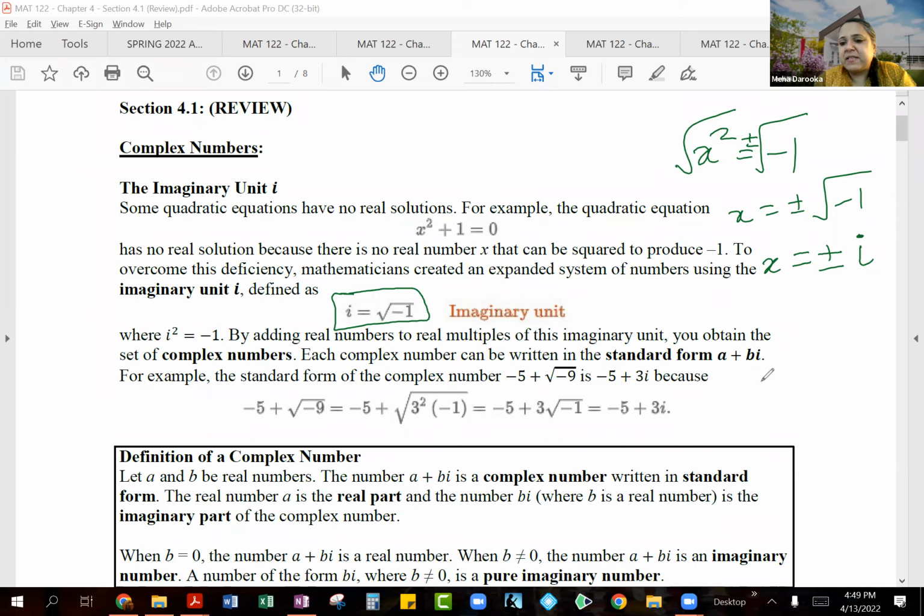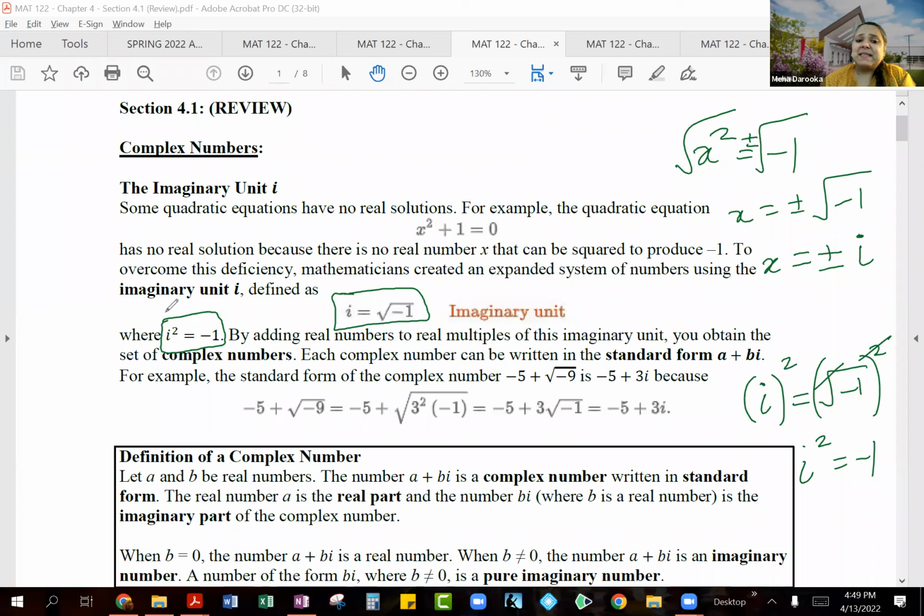When I take i as the square root of -1 and square both sides, because square and square root cancel each other out, you will see that i squared is defined as -1. That's where this definition comes from.